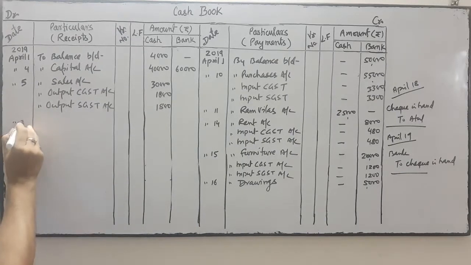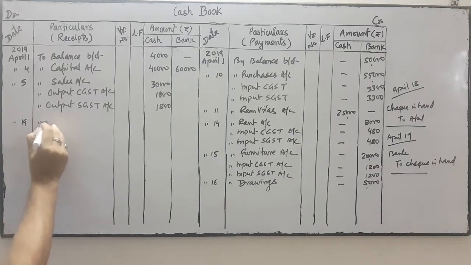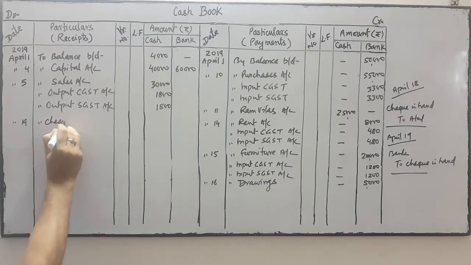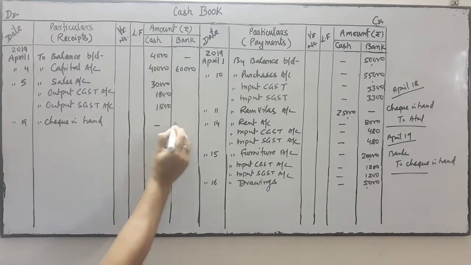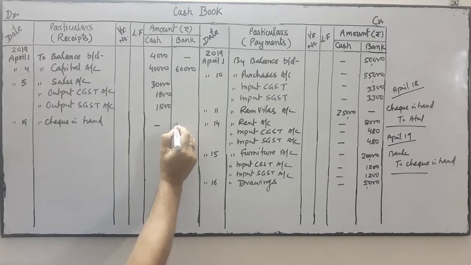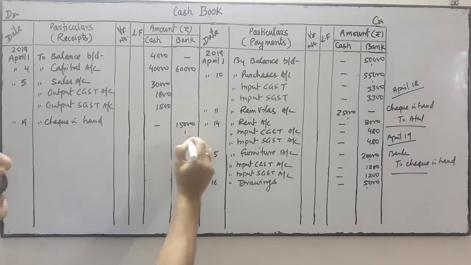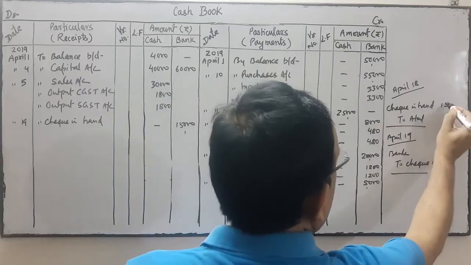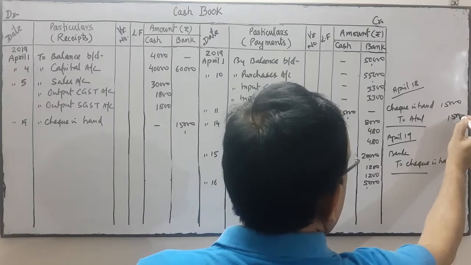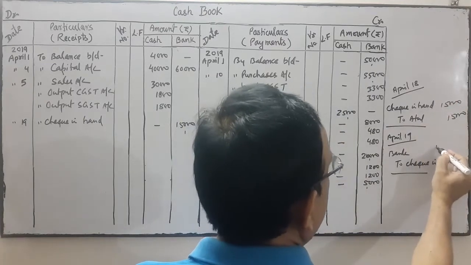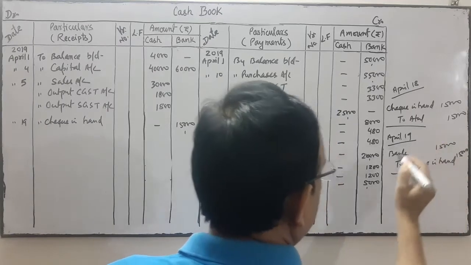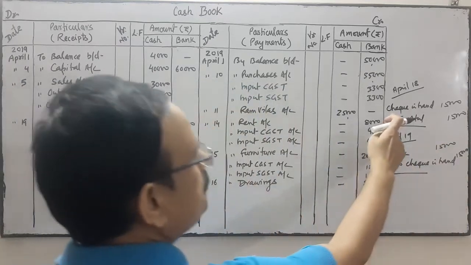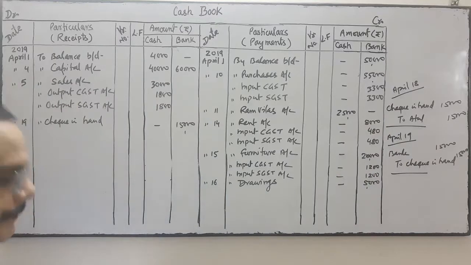So April 19 to check in hand. In the column of bank, the amount is 15,000. Check is received but not deposited on that day. That check is deposited on the next day.